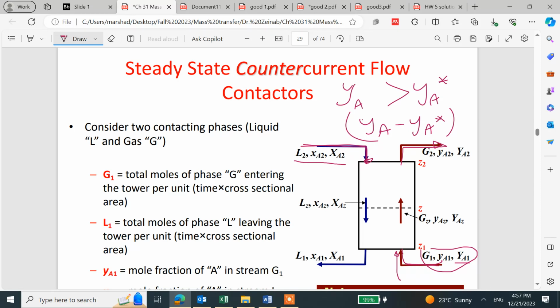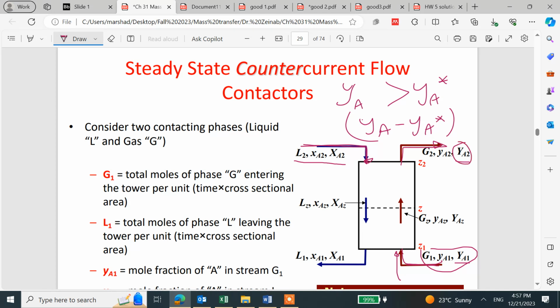ya1 and G1, where G1 is the molar flow rate of the gas. So ya1 and ya2: ya1 will have more of one component, and then ya2 will be less because it is absorbed by the liquid.